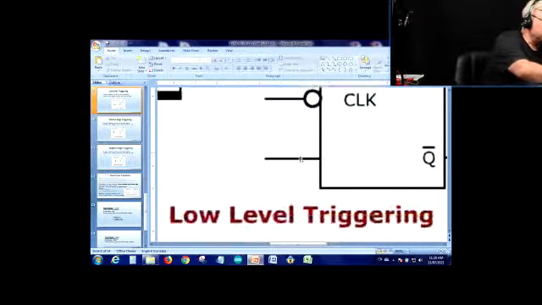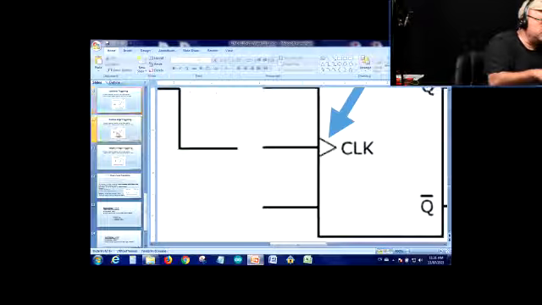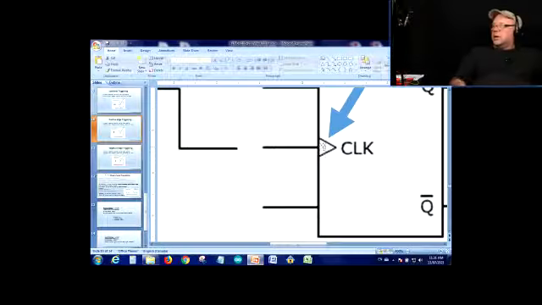Now let me click onto this here. There we go. Now here's a triangle right here. Here's an input, and here's a triangle. That suggests that this is an edge triggered device. Now, is there a bubble here or not? Oh, no, there is no bubble.